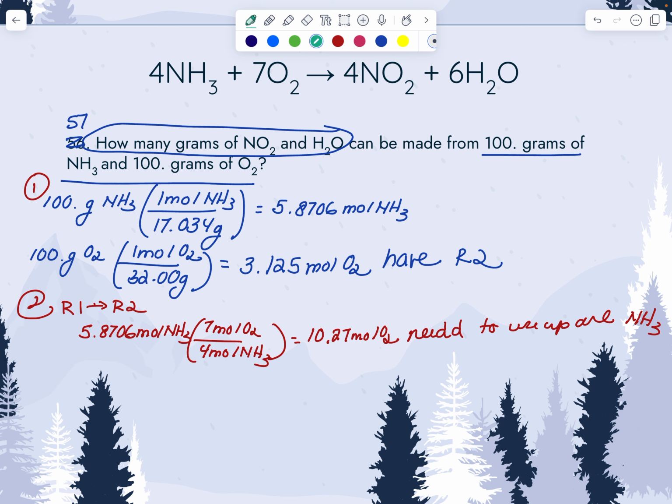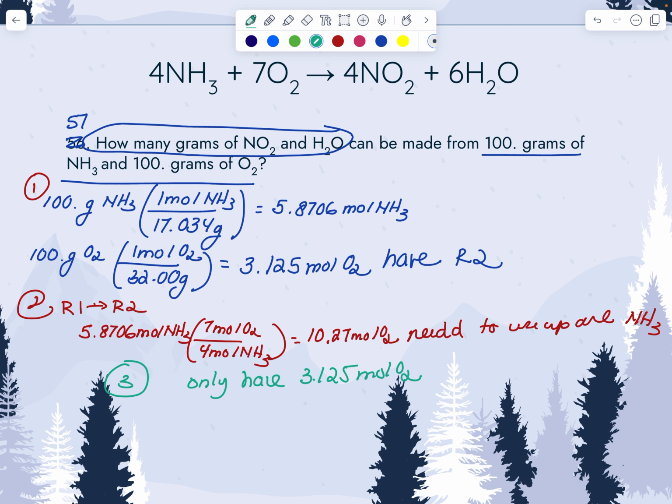And then the third question is all about comparing need versus have. Do I have enough oxygen to use up all my ammonia? Well, in this case, it looks like I only have 3.125 moles of oxygen.